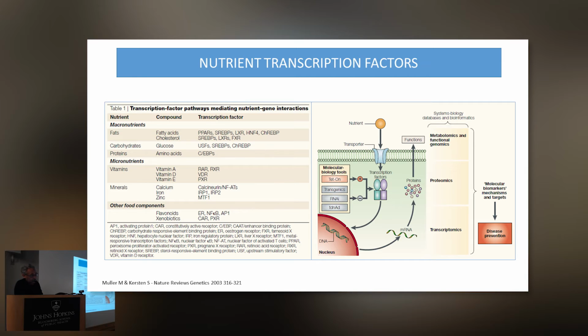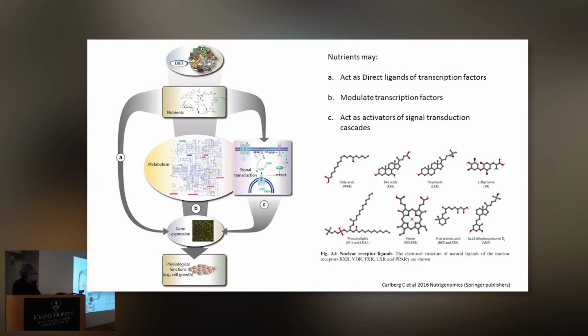In the case of zinc, it's MTF1. However, this can happen either directly, so the nutrients may be direct ligands of transcription factors. Alternatively, they might modulate transcription factors, or they can act as activators of signal transduction cascades. So they might also be needed perhaps as cofactors within those cascades.